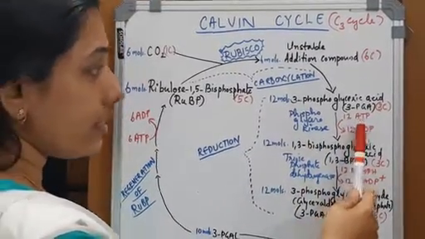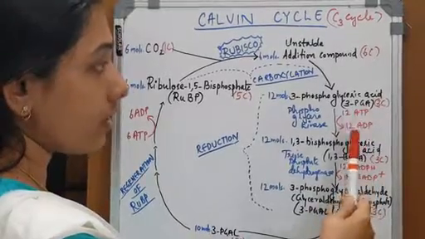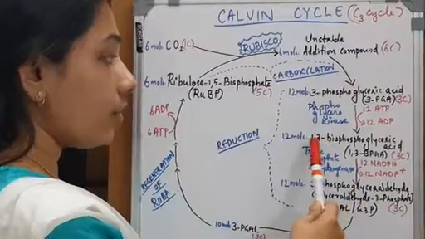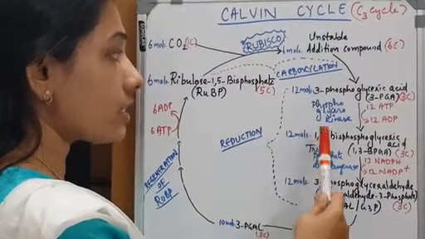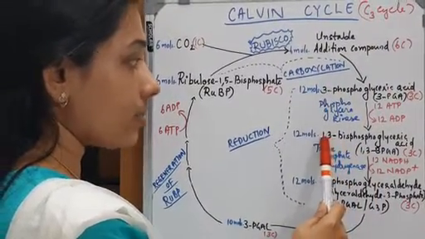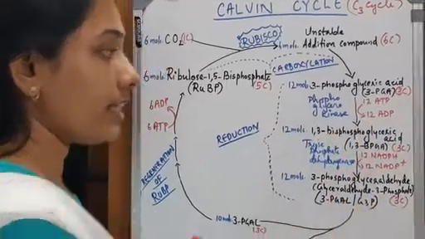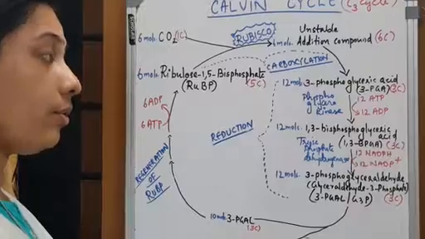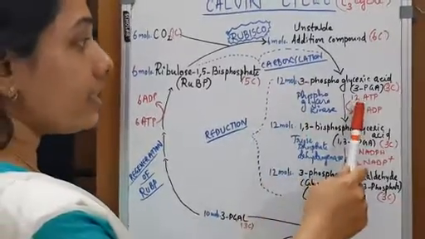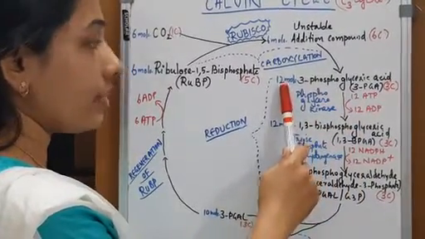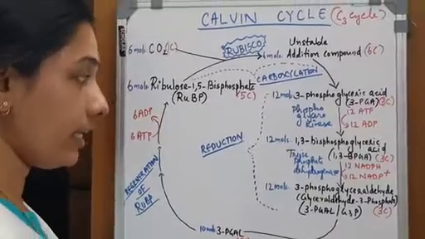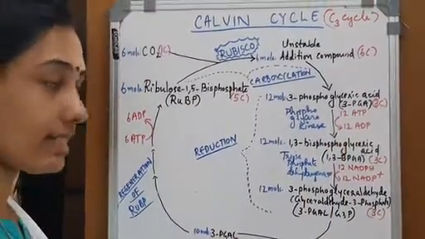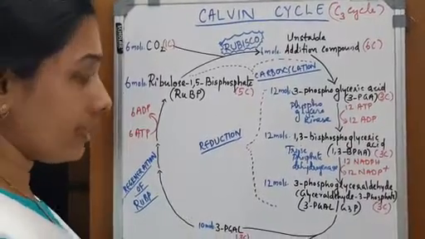As a result of ATP hydrolysis, inorganic phosphate is released, which is high energy containing, and this inorganic phosphate is added to the 3-phosphoglyceric acid. That is why 1,3-bisphosphoglyceric acid is formed by the activity of phosphoglycerokinase. Here 12 ATPs are utilized for the activation of 12 molecules of 3-PGA. So now 12 molecules of 1,3-bisphosphoglyceric acid are formed as a result of activation.